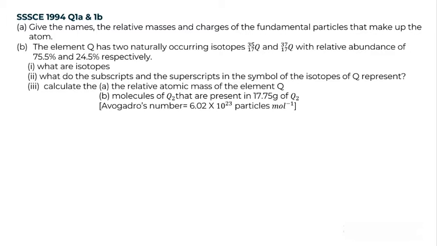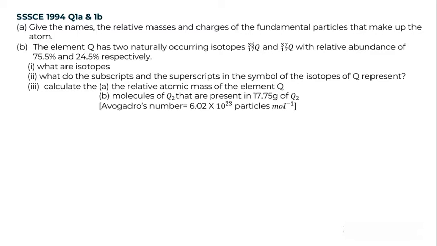Now the B aspect is stating that the element Q has two naturally occurring isotopes, that is Q-35-17 and Q-37-17, with relative abundance of 75.5% and 24.5% respectively. I. We have to define what isotopes are. II. What do the superscript and the subscript in the symbol of the isotopes of Q represent?